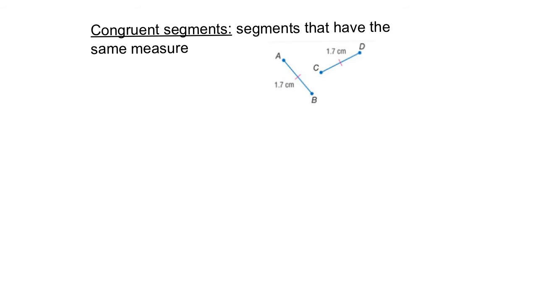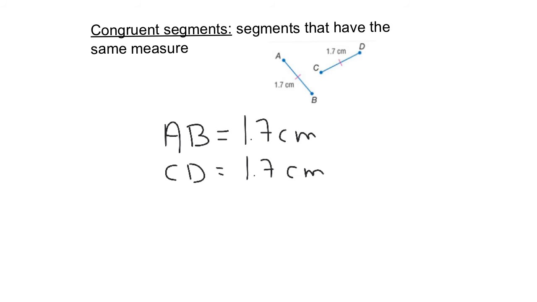So let's take a look at segment AB and segment CD. Okay? Segment AB, the measure is 1.7 centimeters. Segment CD is also 1 7/10 centimeters. Okay? So as you could see, they are exactly the same. They have the same length.